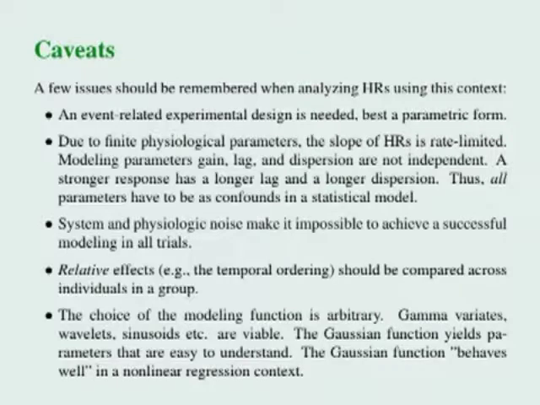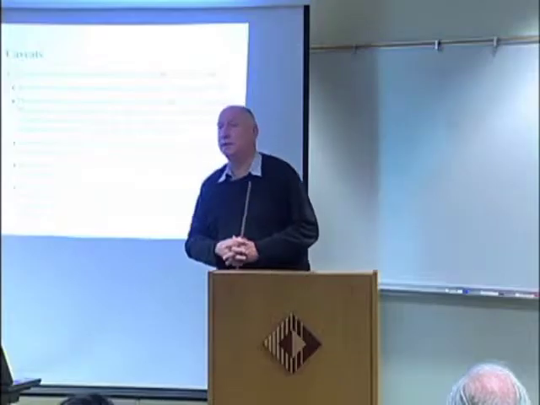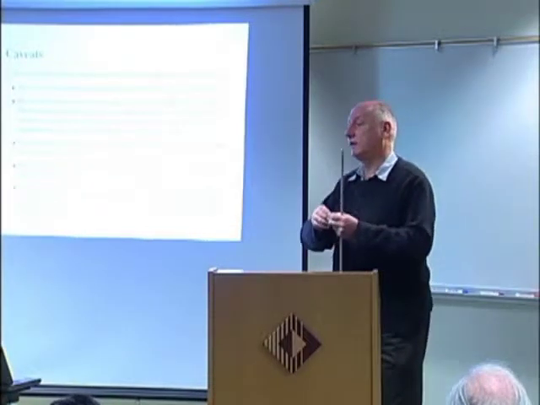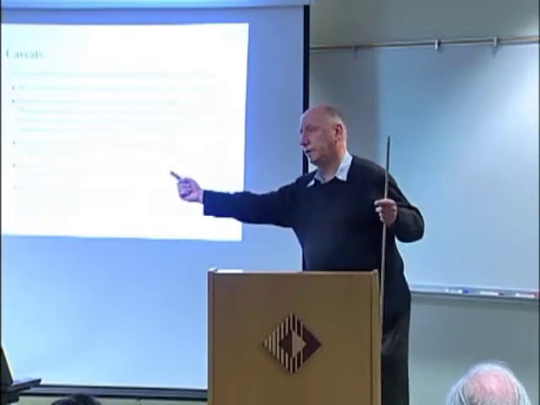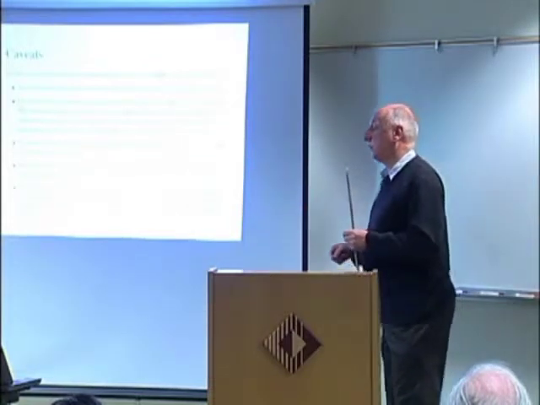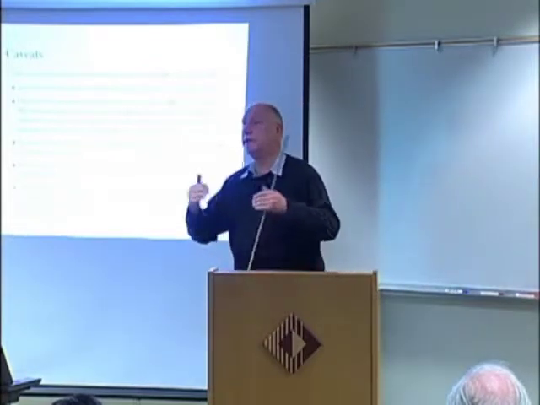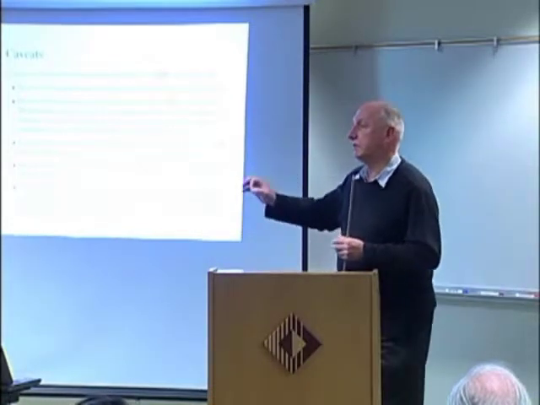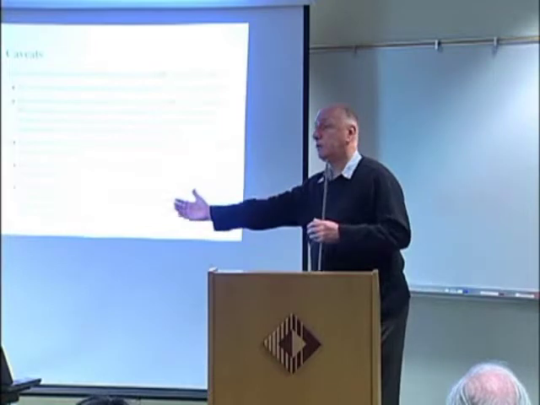I should mention a few caveats when you want to do this. First of all, we need an event-related experimental design, best in a parametric form, just for the simple reason that you get the best results from this modeling when you model over all the trials that you have. So suppose we're taking, in the Sternberg paradigm, the number of items I show. Then the number of items is varied in a parametrical way over the whole experiment.